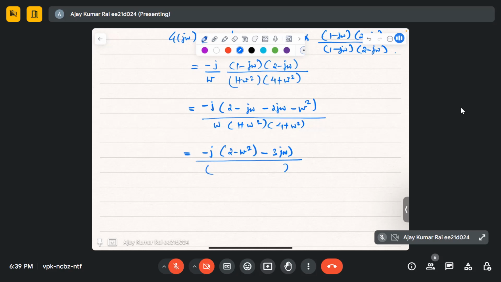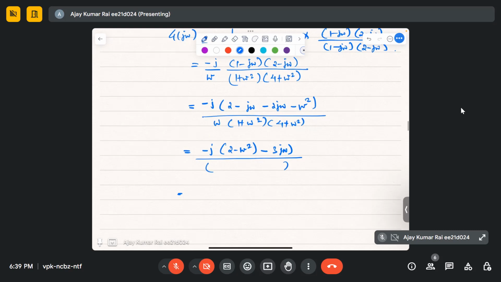Again the denominator, okay, I'm not writing. So what you'll get? So 3 omega. Okay, and if you do this, you'll get this 2 minus omega square.